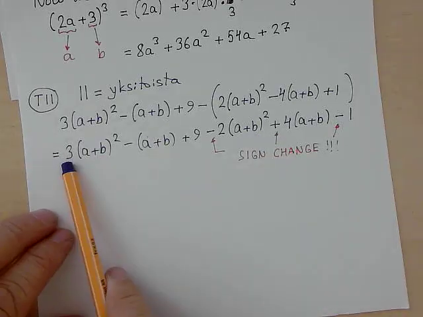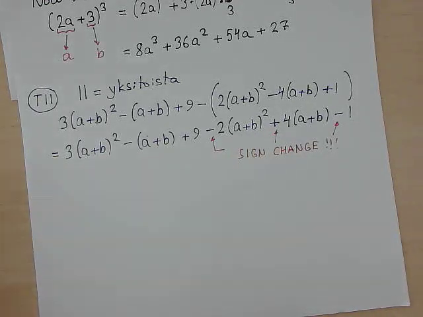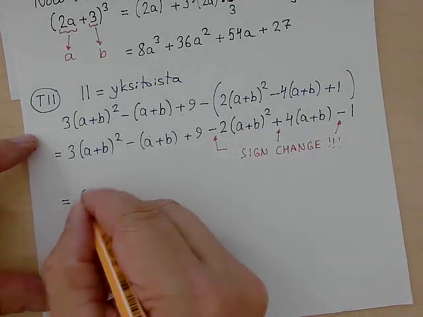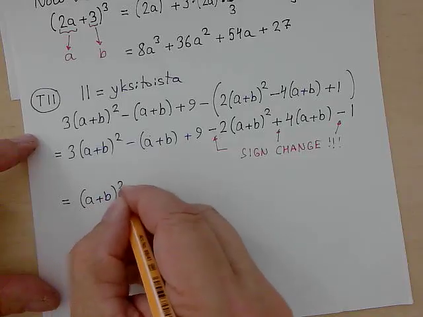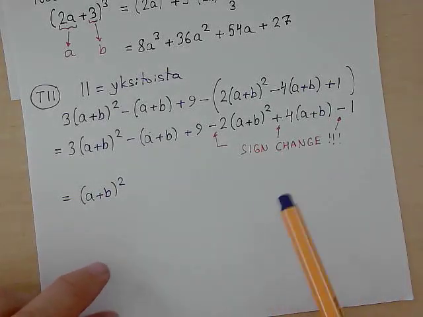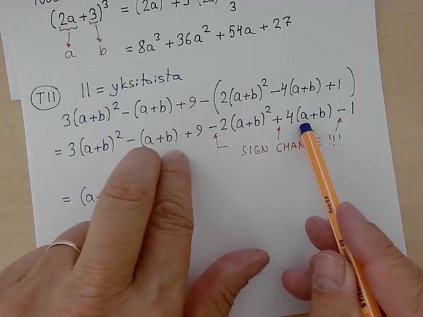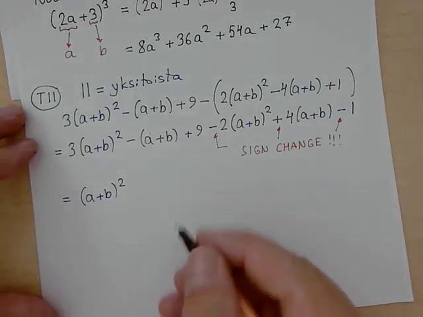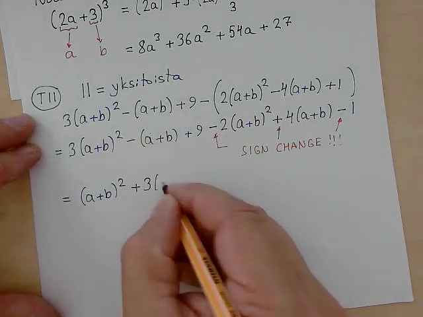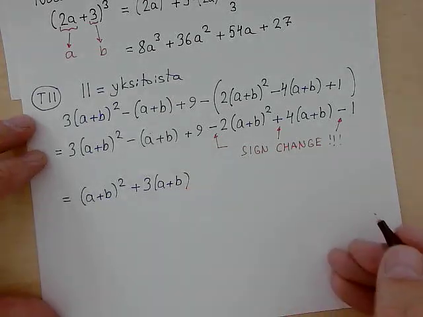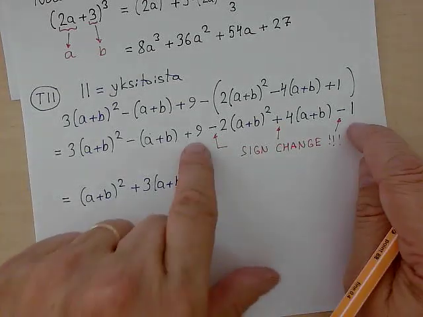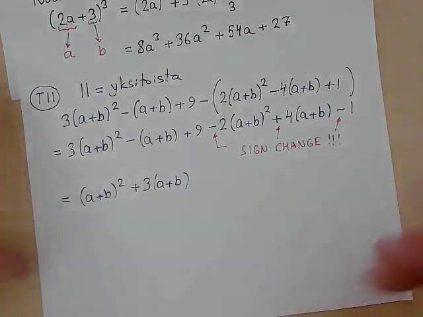Yeah, 3 minus 2 equals 1, so it is only (a plus b) squared. And then we have this (a plus b) part, plus 3(a plus b), plus 8. These numbers here, 9 minus 1 equals 8.